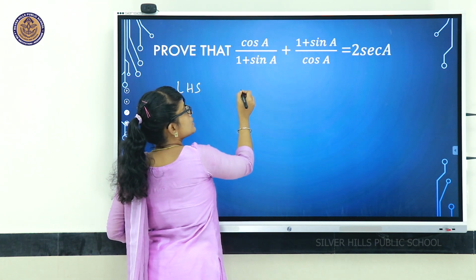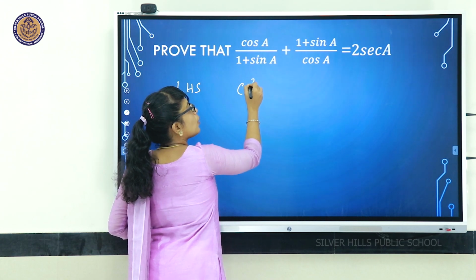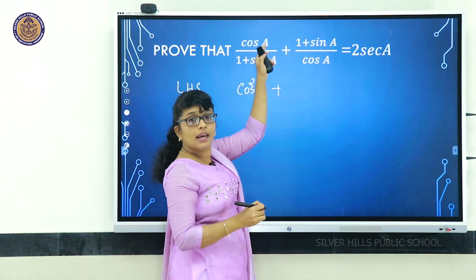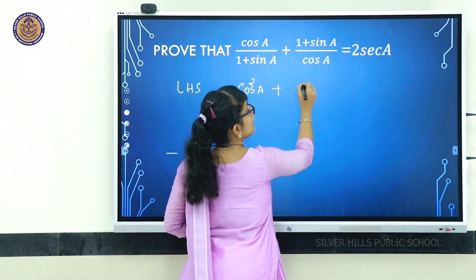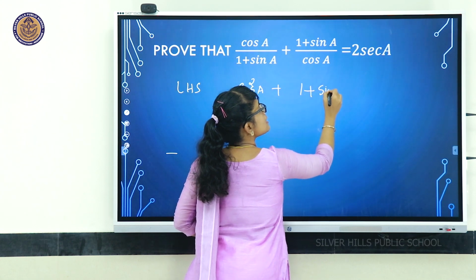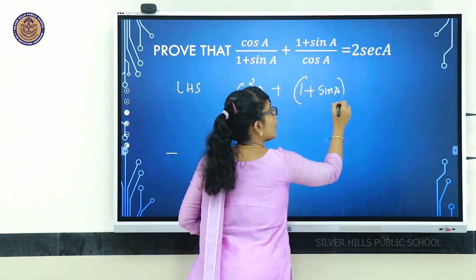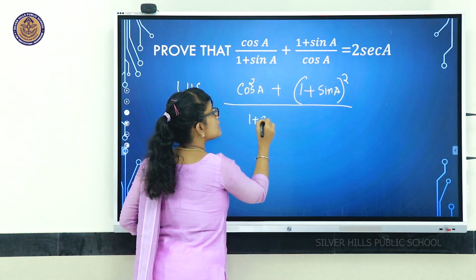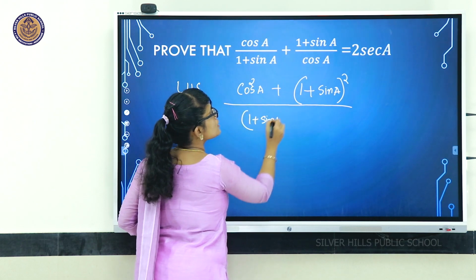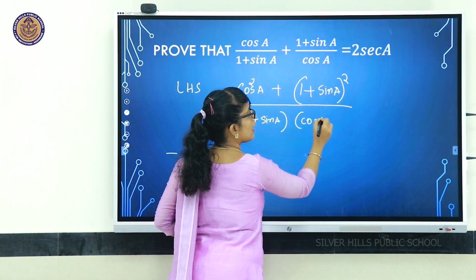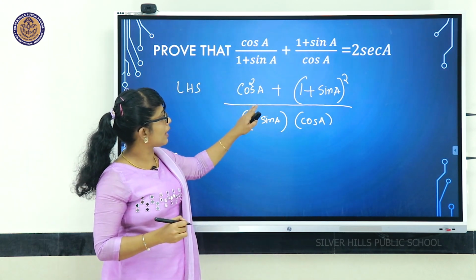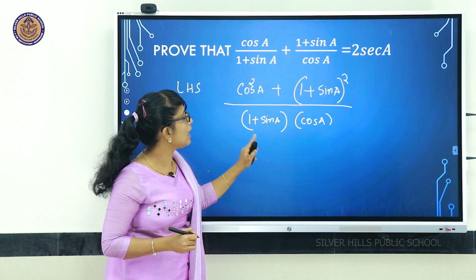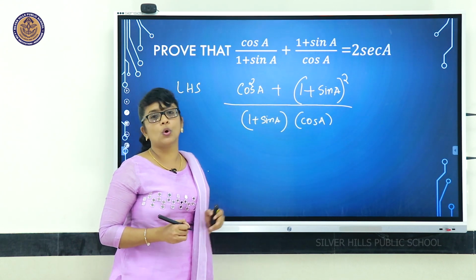Cos A into cos A, that is cos square A, plus 1 plus sin A into 1 plus sin A, that is 1 plus sin A whole square, divided by 1 plus sin A into cos A.